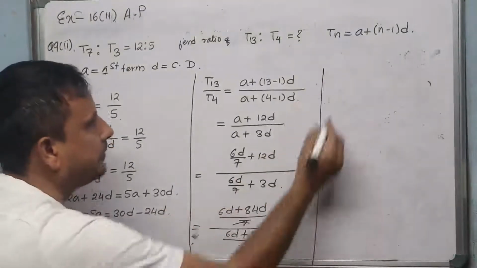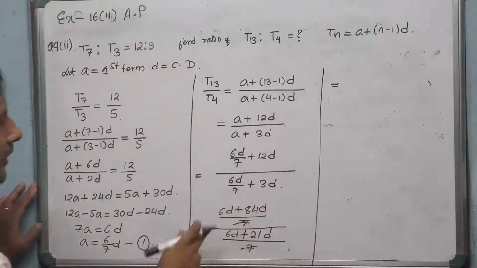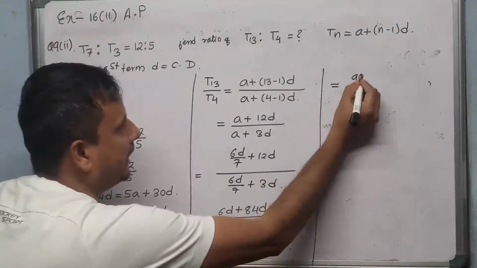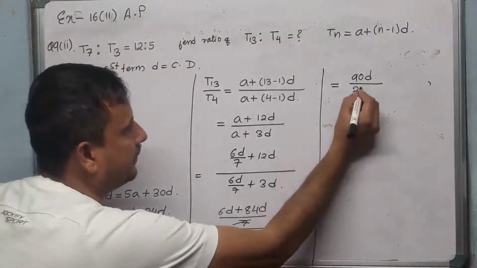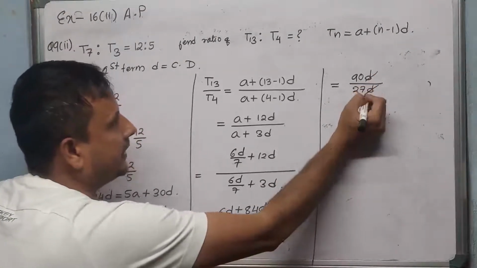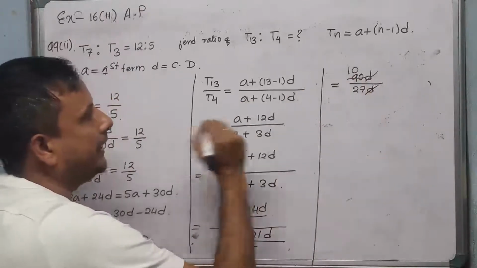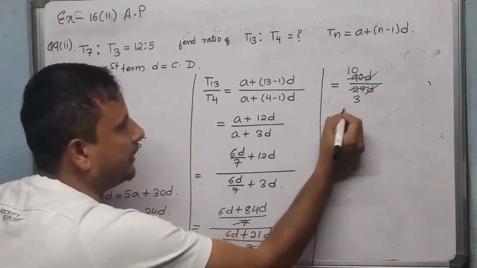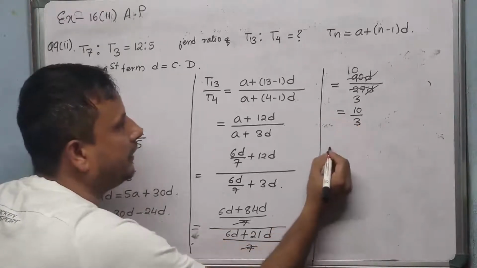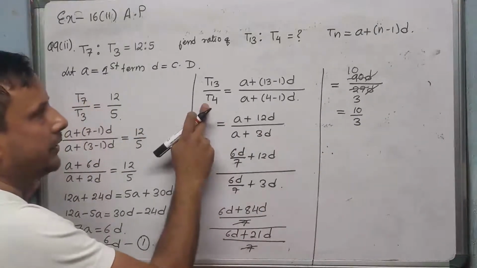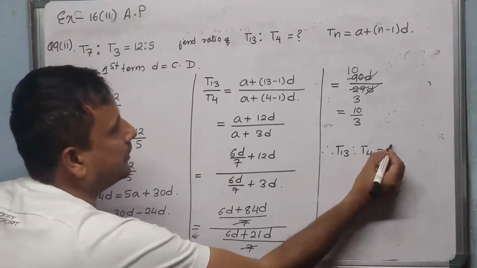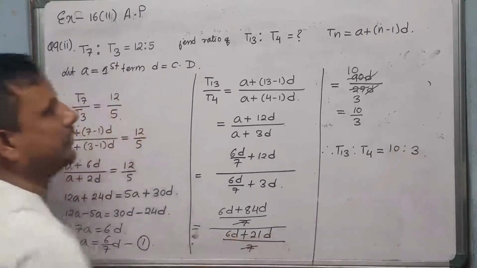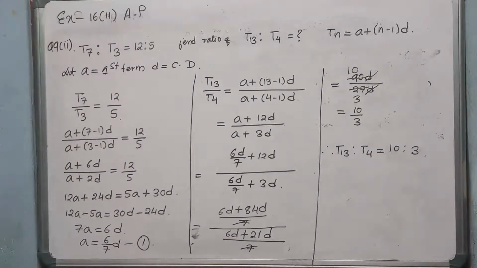Now it is 6D plus 84D is 90D, divided by 6D plus 21D is 27D. Cancel: 9 tens are 90, 9 threes are 27. It is 10 by 3. Therefore, T13 is to T4 is equal to 10 is to 3. This question is important. It would be better to take a screenshot of these questions and answers.